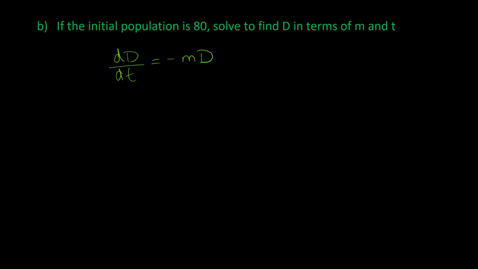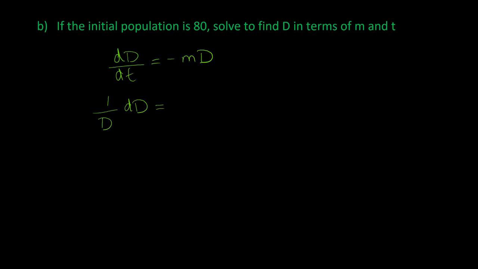It says if the initial population is 80, solve to find d in terms of m and t. So we need to get rid of this differential, and therefore we need to integrate. So remember, we need to get all the d's together and the t's together, so to speak. So I'm going to divide through by d, which will give me 1 over d dd.